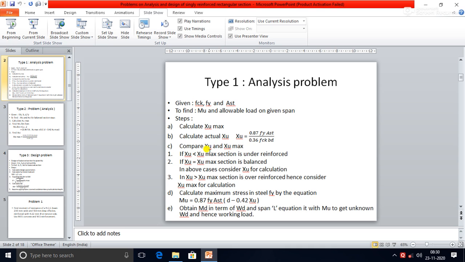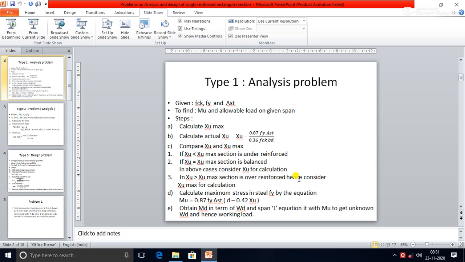Then compare Xu and Xu max, or Xu and Xu limiting. If Xu is less than Xu max, the section is an under-reinforced section. If Xu is equal to Xu max, the section is a balanced section. In the above cases, consider Xu for calculation. If Xu is greater than Xu max, the section is an over-reinforced section.